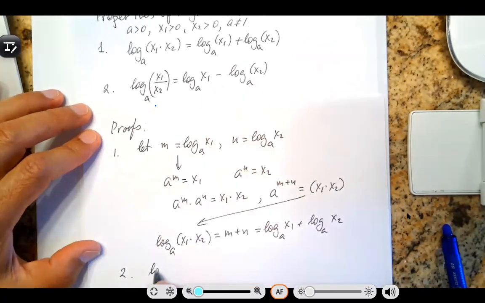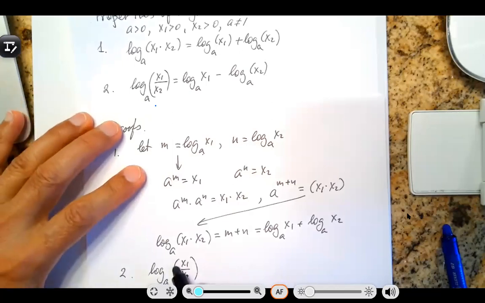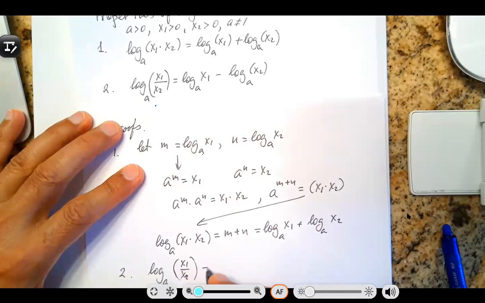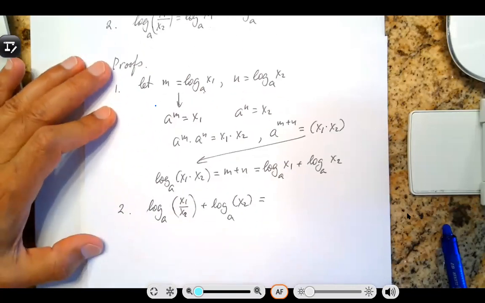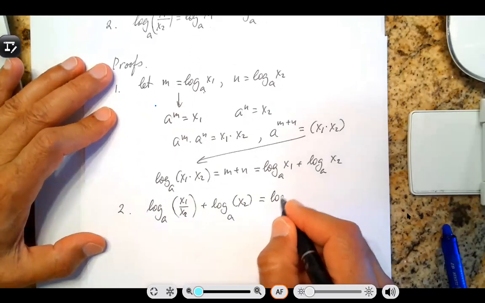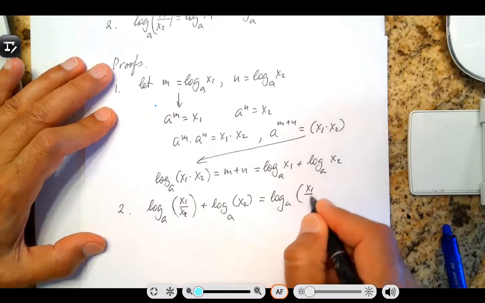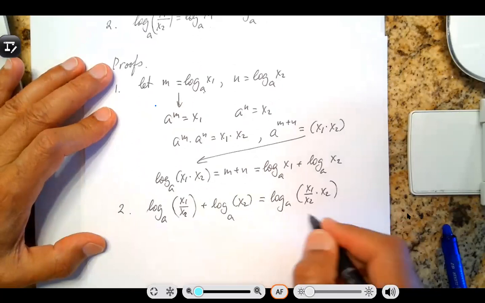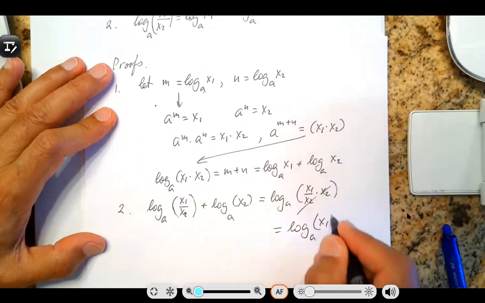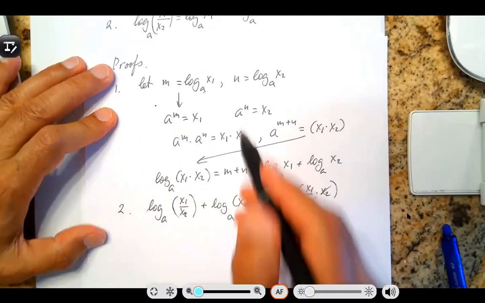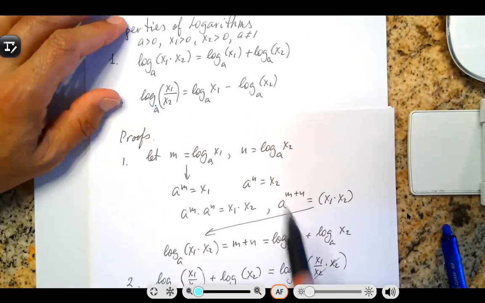Then I get logarithm x sub 1 over x sub 2 base a plus logarithm x sub 2 base a. Hey, we're adding two logarithms with the same base. It's the logarithm of the product, x sub 1 over x sub 2 times x sub 2. X sub 2 cancels, you get logarithm of x sub 1 base a. Now move this to the right, you get exactly what we're supposed to prove.